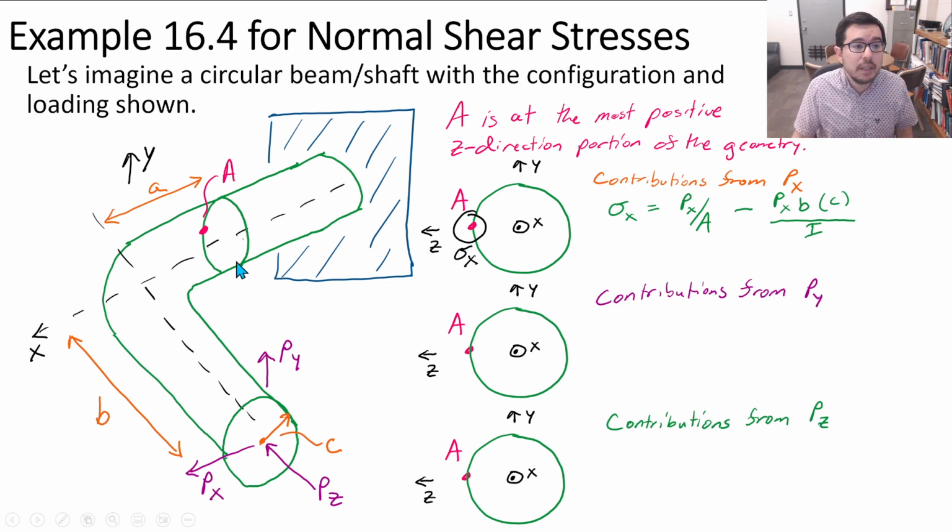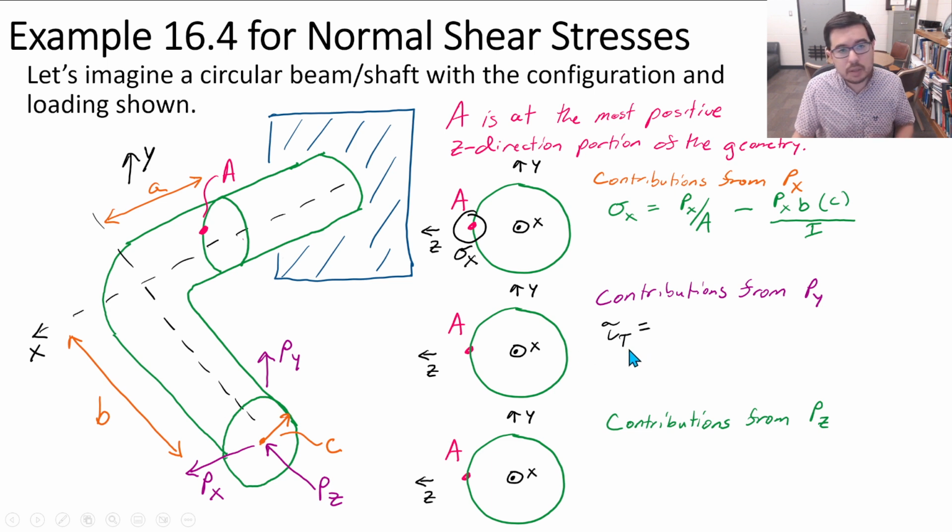Here, we're going to move to contributions from Py. What is happening with Py? So Py is being applied in this direction. That's introducing a torque in the positive x direction. Can you see that? And it has a moment arm of Py times b.